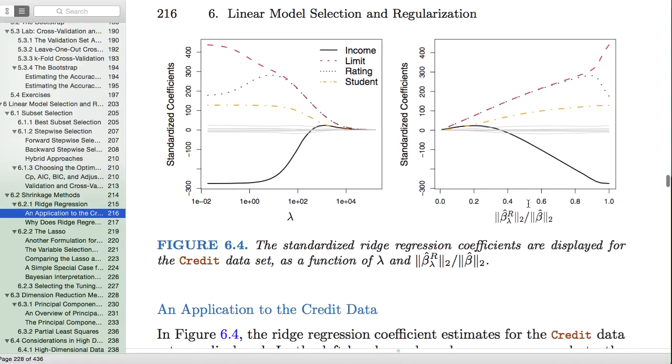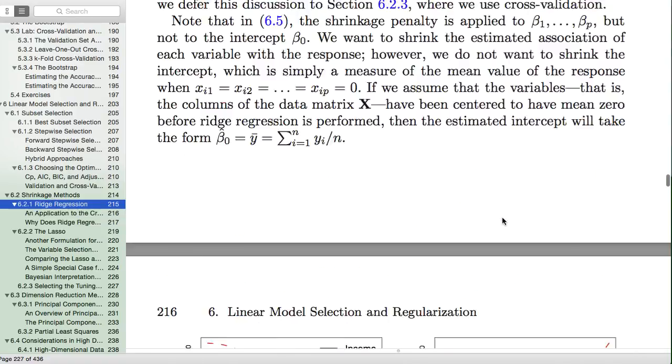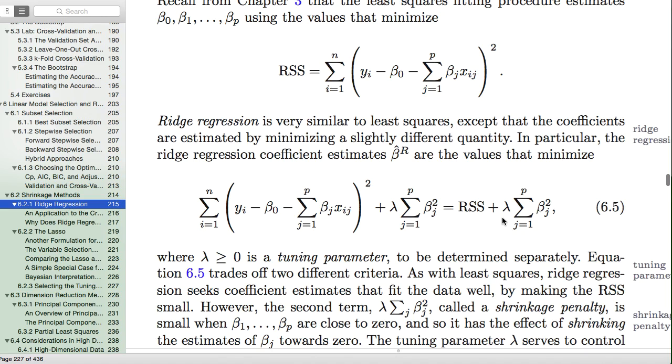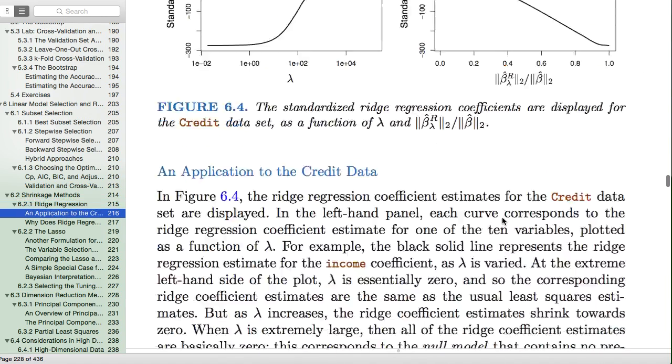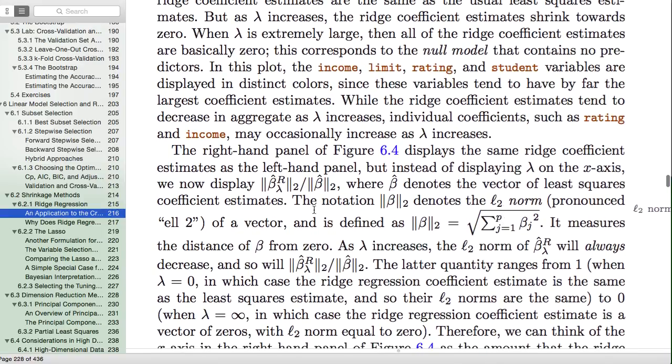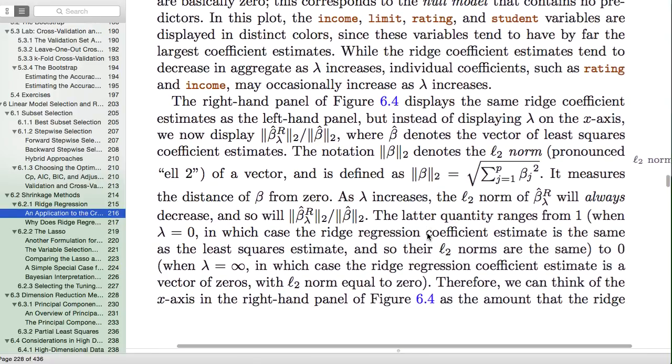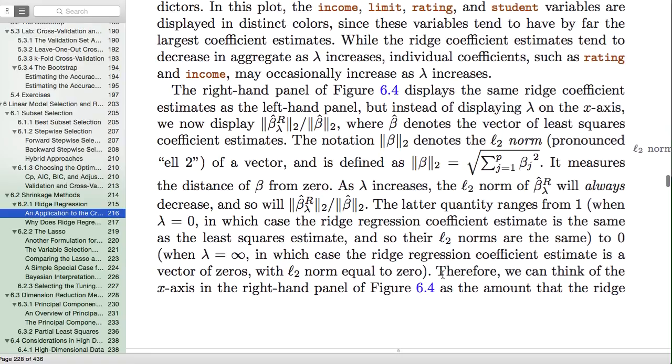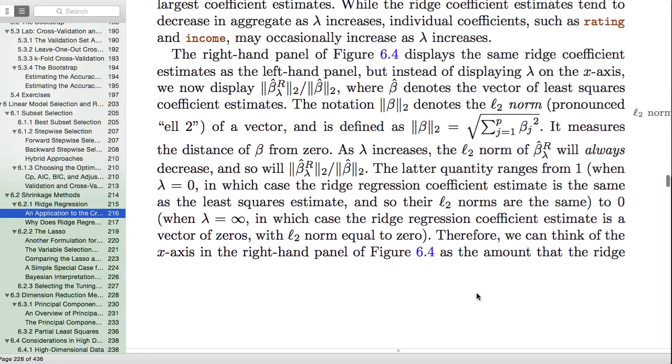So it's a little bit difficult to understand. I think it's not very intuitive, and it requires some linear algebra. So this is the L2 norm of a vector, and the definition is given here, but the mechanics of it aren't provided in this textbook. So this is something that we can just sort of use.